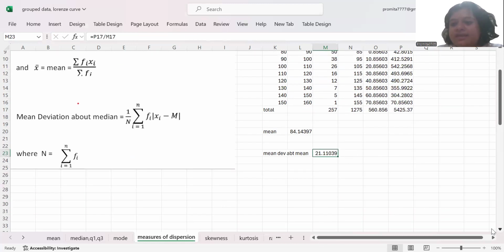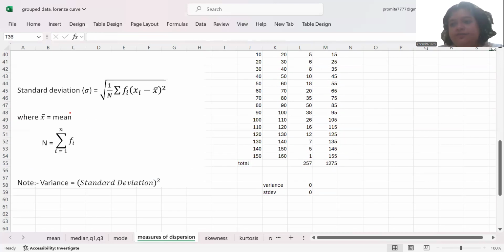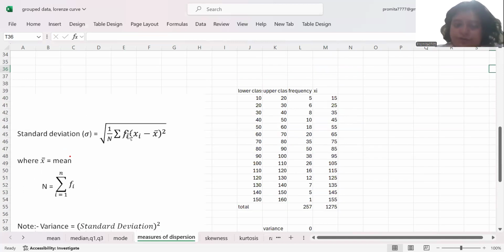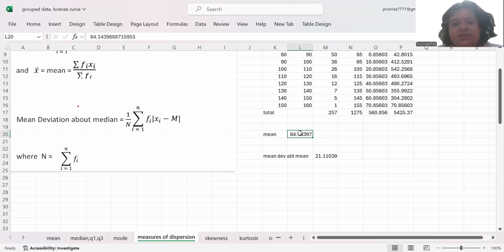Next, we calculate the standard deviation. For standard deviation, we know the formula. First, we have to calculate variance, and for that purpose, first we have to calculate the value of xi minus x bar whole square. So xi we know, mean we know, my mean was 84.14397.